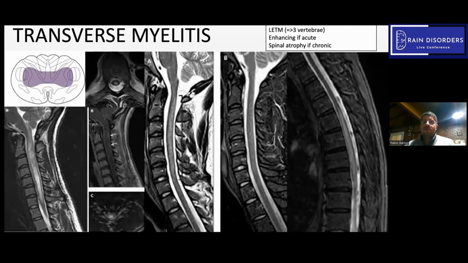It's seen here, more than 3 vertebrae enhancing if acute, and atrophy of the spinal cord if chronic. Shorter lesions could be found in up to 20% of people, but it only makes our diagnosis difficult. But if we have this and we don't think of MS, we could think of the transverse myelitis of NMO.